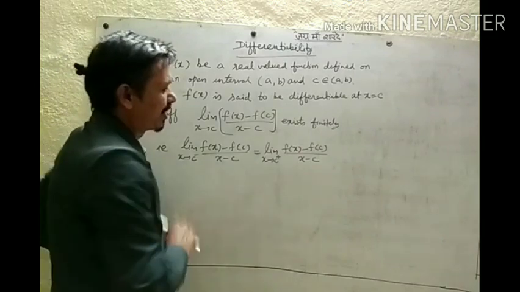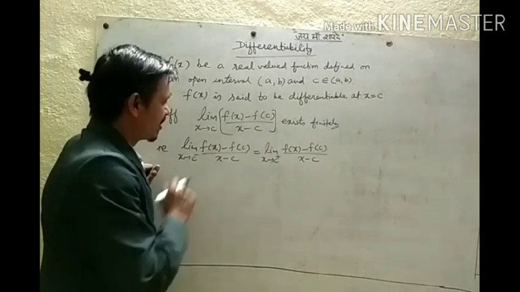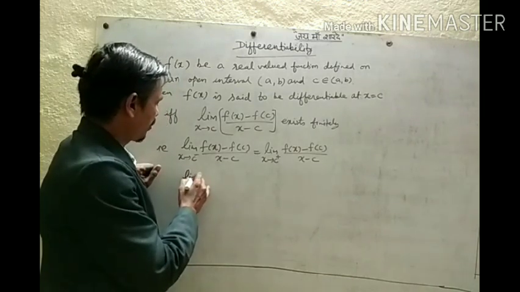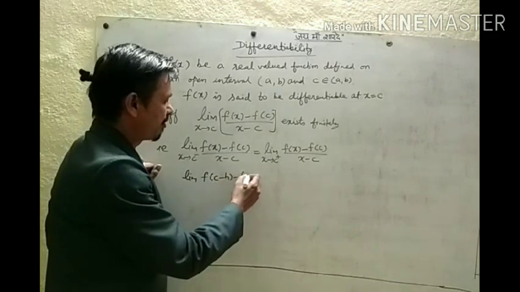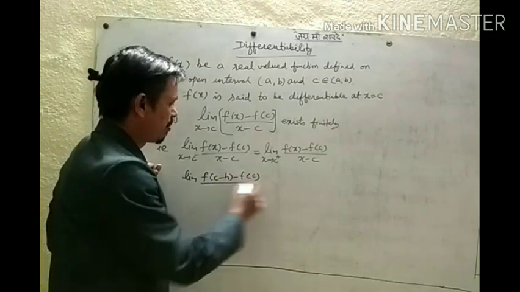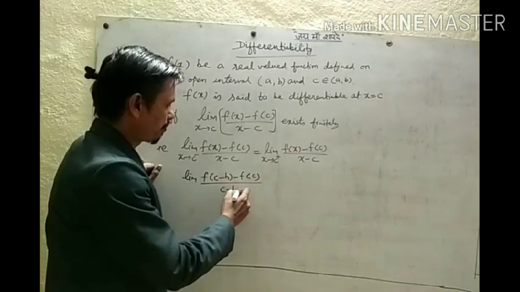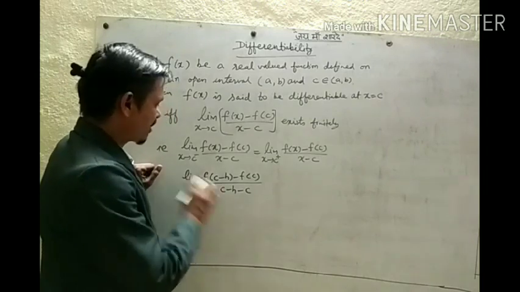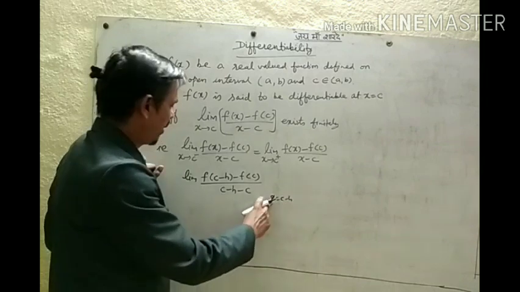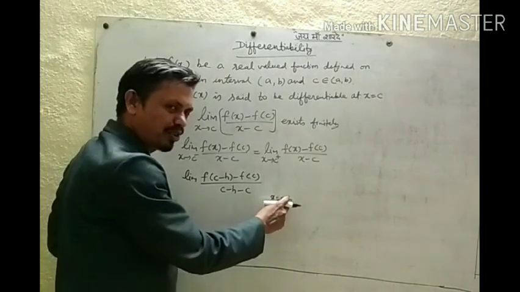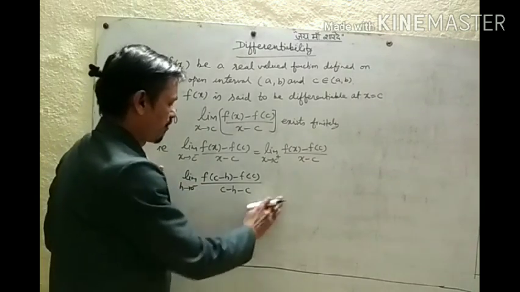So both limits exist. If we replace x by c minus h, then we get (f of c minus h minus f of c) upon (c minus h minus c). When x tends to c, then h tends to 0.